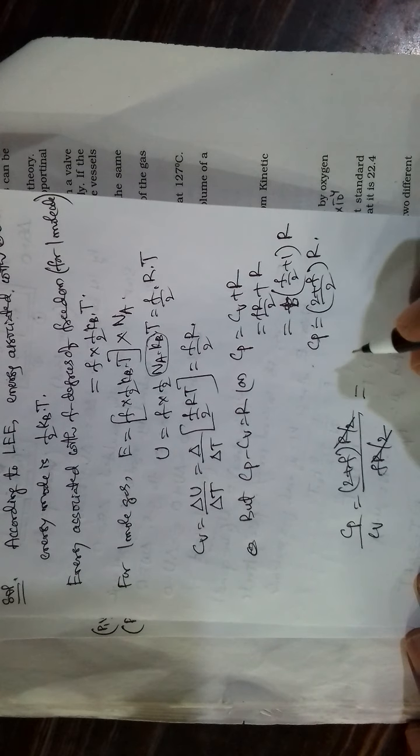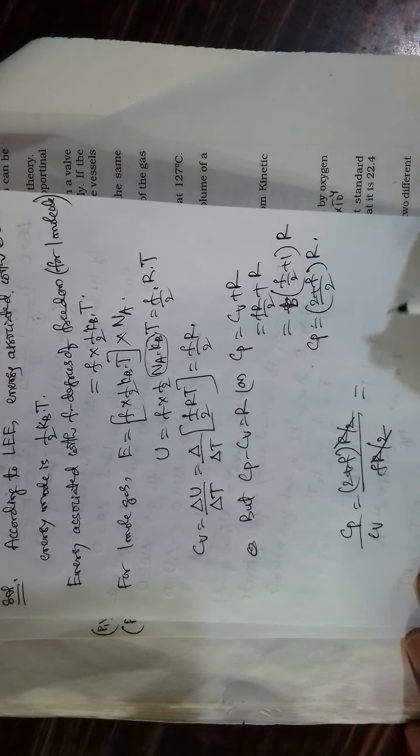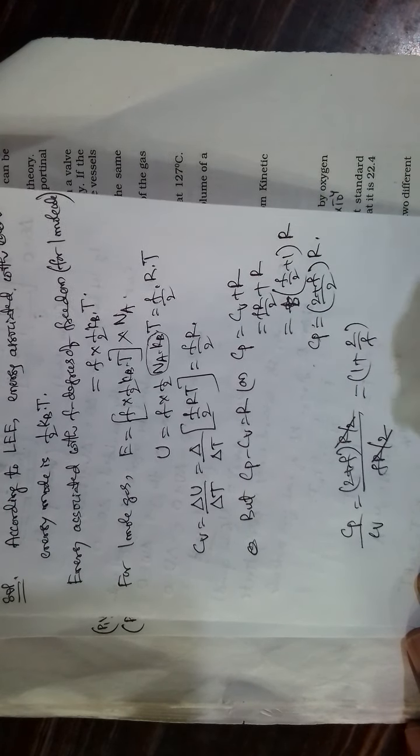R by 2 gets cancelled. So we get 1 plus 2 by f.